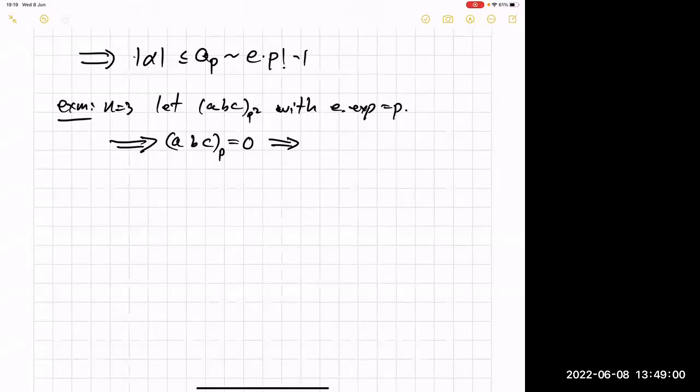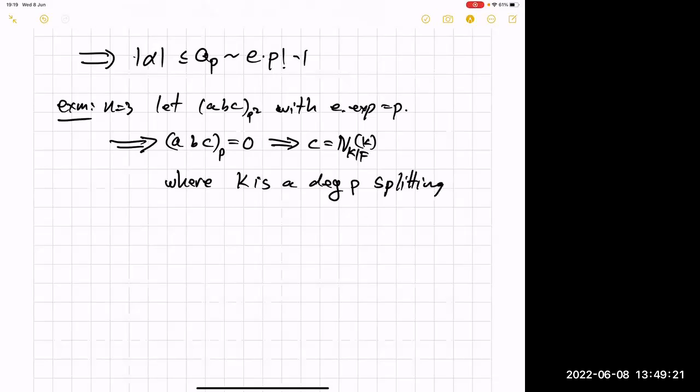So C is actually a norm from some field extension, where K is a degree P splitting field of the algebra (A,B)_P.